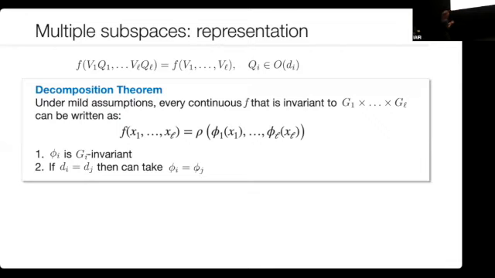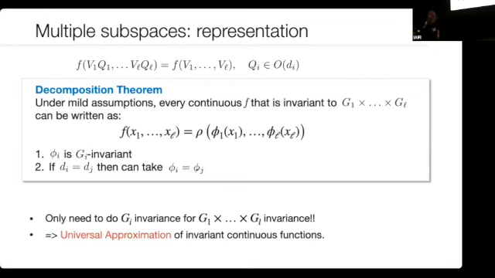And if we know that phi has the invariance we want, then the rho just combines it. The entire thing will be invariant. So this is good, because we took care of the product group with that. The other thing is, we can also prove that with this, if you make rho and phi strong enough, you can universally approximate all functions that have these desired invariances.